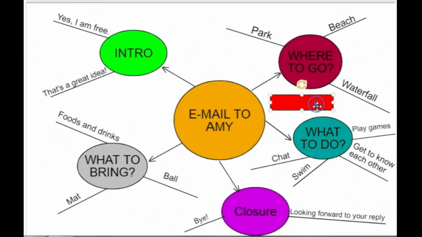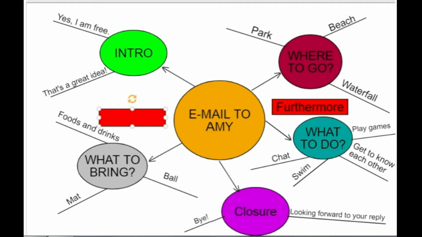Now, after we have filled in points and ideas into the mind map, it is time for us to decide on the sentence connectors and linkers. Sentence connectors are used to link ideas from one sentence to the next and to give paragraphs coherence.